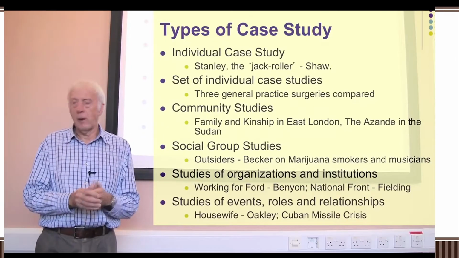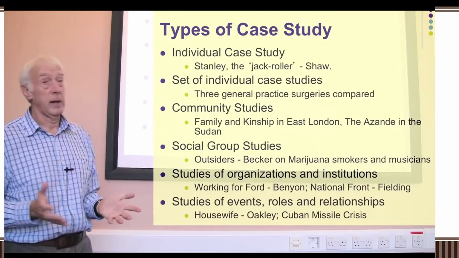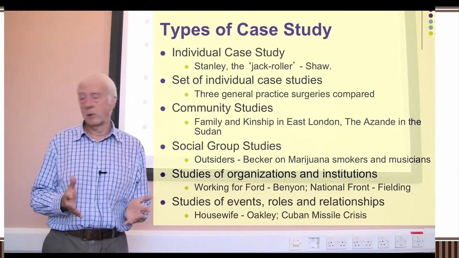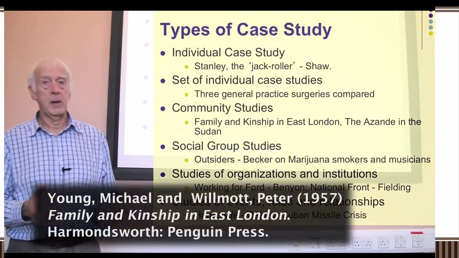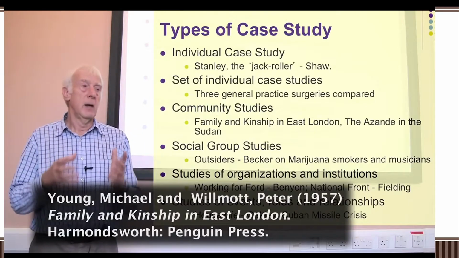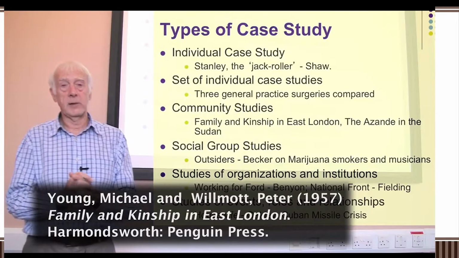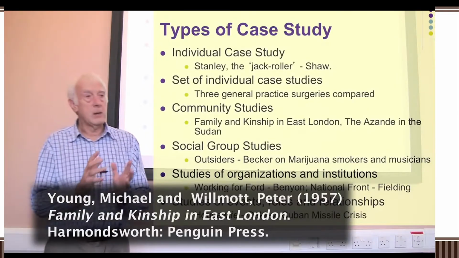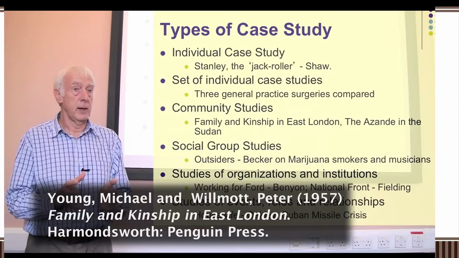And just to give you 2 very diverse examples here, there's a classic study done back in the 1950s, originally went into the 60s I think, on family and kinship in East London, where the researchers, sociologists doing the work, picked an area of East London, a fairly poor district, and they did a very intensive case study with the people living there.